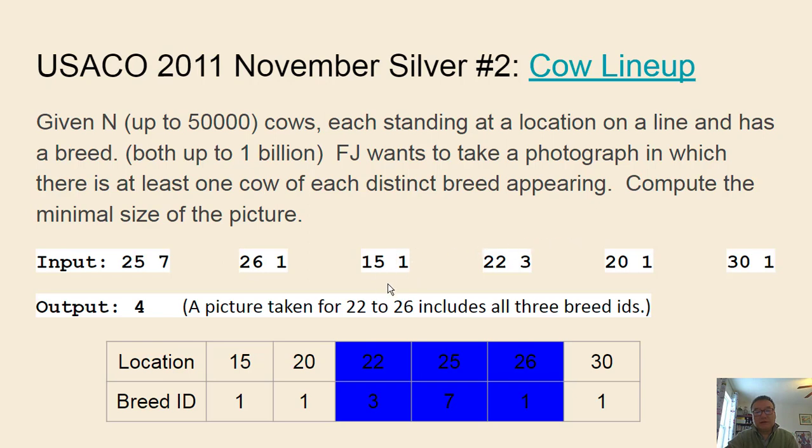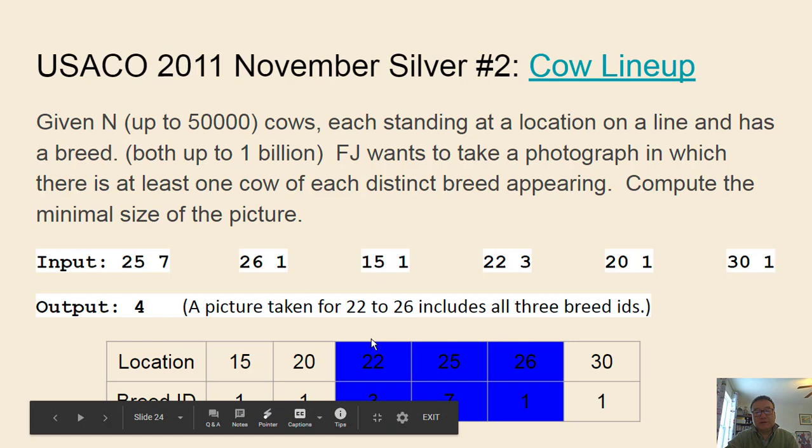The intuition is similar to how we can prune using 2 pointers. For example, if this window from 22 to 26 is good, it already has all 3 breeds.